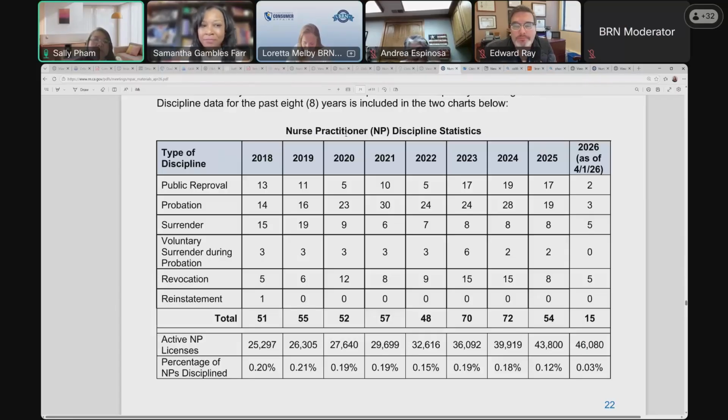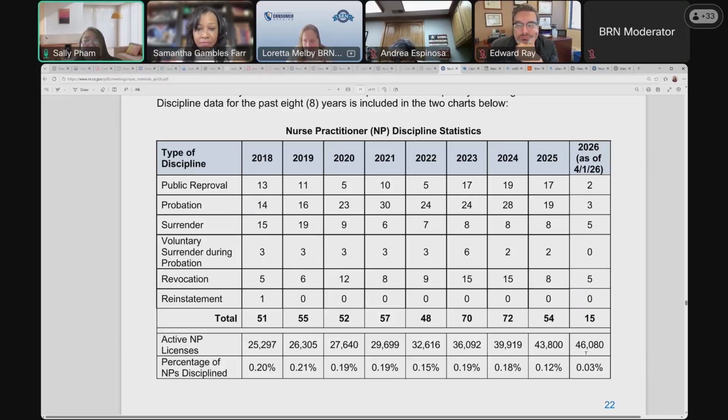Absolutely. Okay. So you can see from 2018 until now, there has been quite a bit of increase in nurse practitioners overall, an 82% increase. In terms of violations, the number is going up.